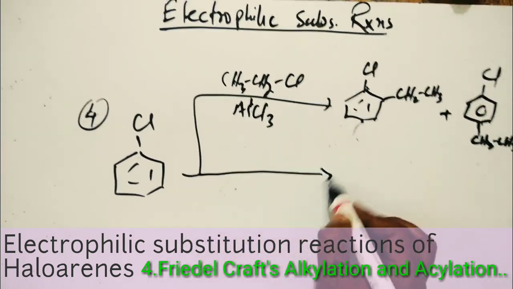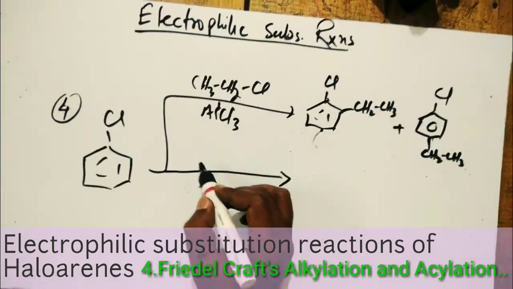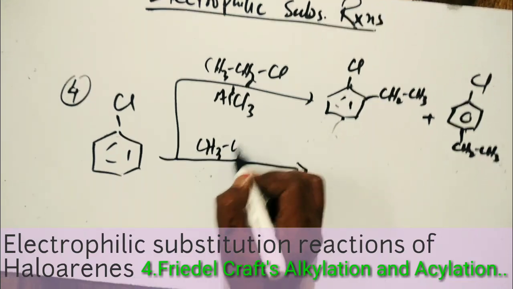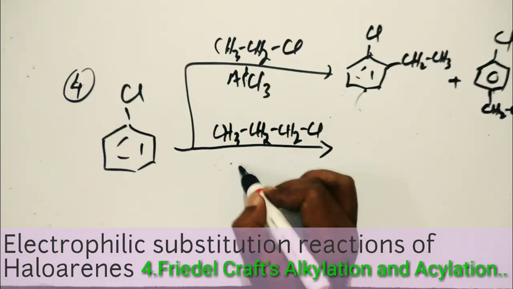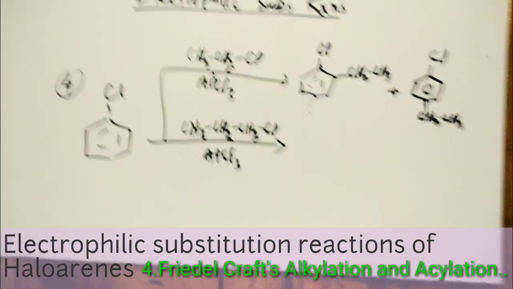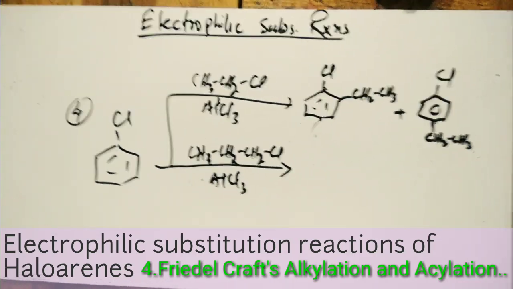I am taking another example of Friedel-Crafts alkylation, in which chlorobenzene is reacted with n-propyl chloride in presence of AlCl3. The expected product here is n-propyl benzene, but that is not the product here.